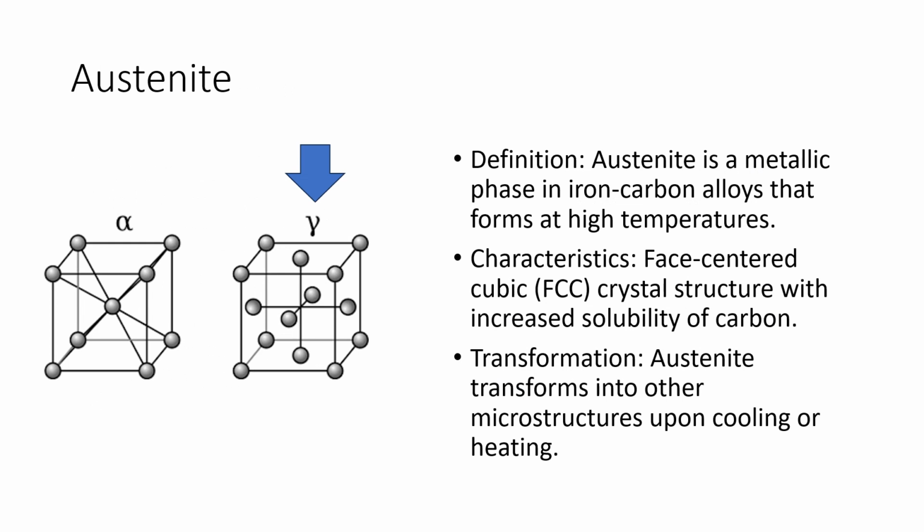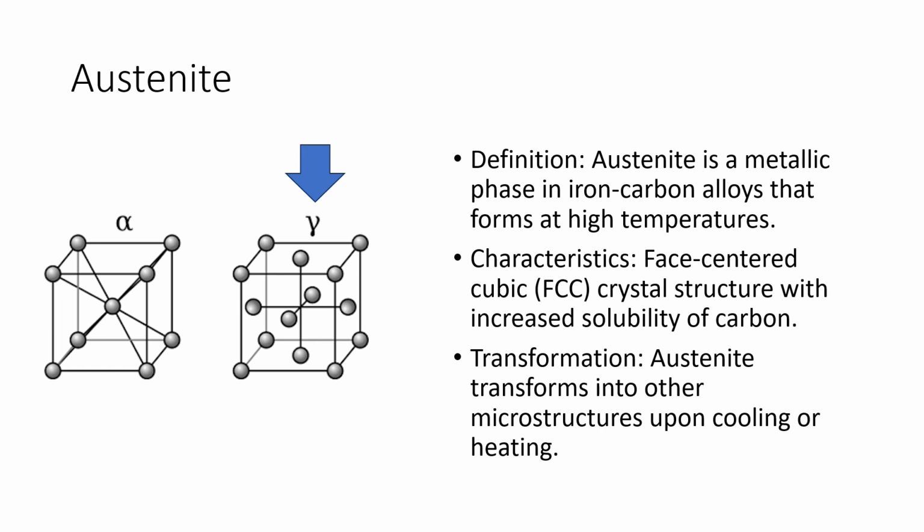Austenite. Here's another term for us. Austenite. This is steel in a face-centered cubic structure. You can see it right there. That means we've got an atom on every corner, and then on each face of the cube, we share an atom with the next cell over, the next cube.